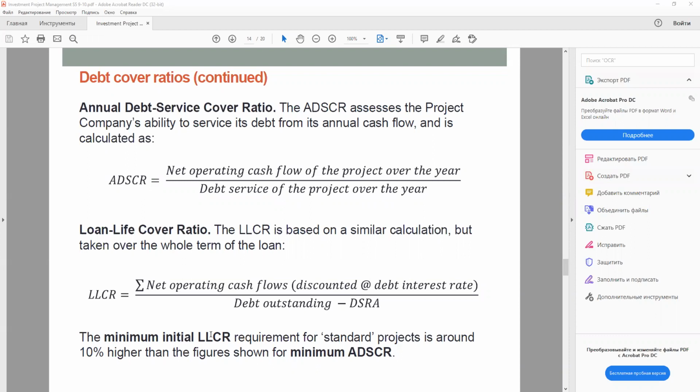And this figure is divided by the debt outstanding. Obviously, the PLCR will be higher than the LLCR. Lenders may wish to see it around 15 to 20% higher than the minimum ADSCR.